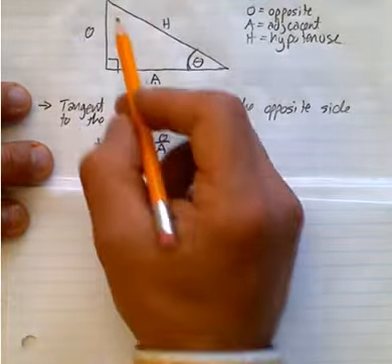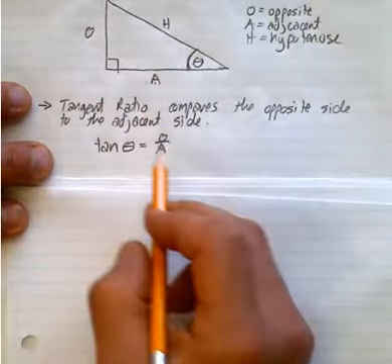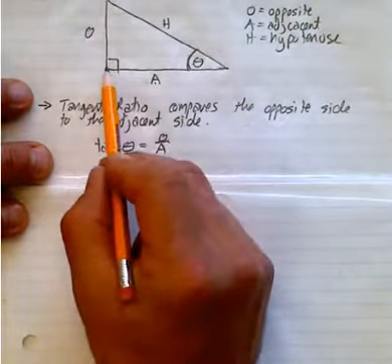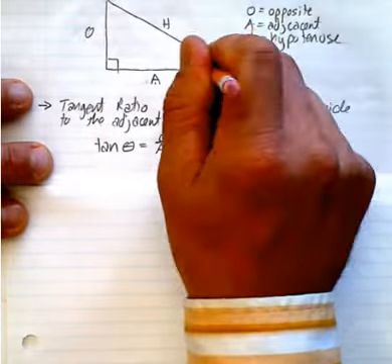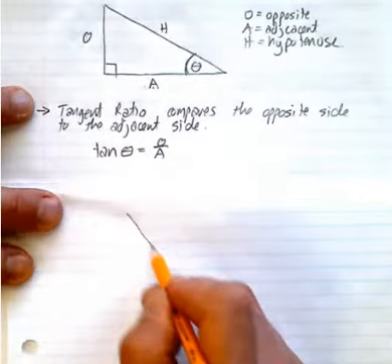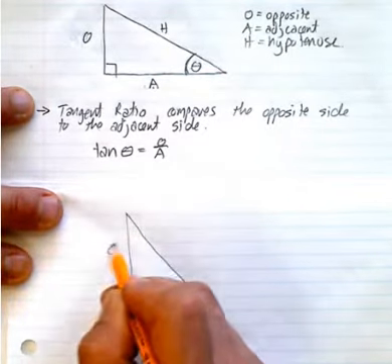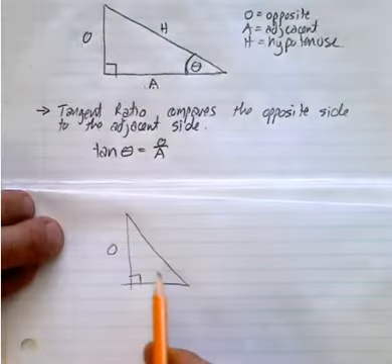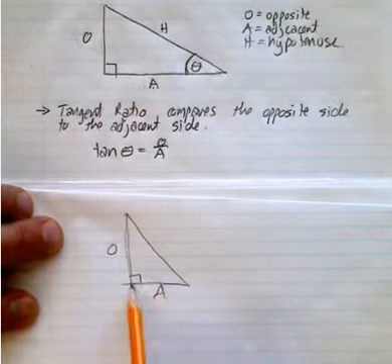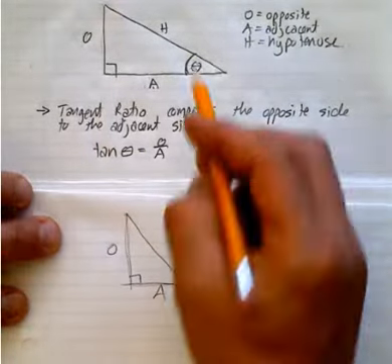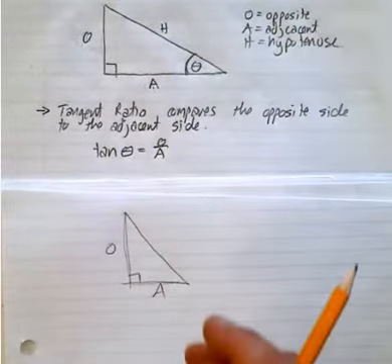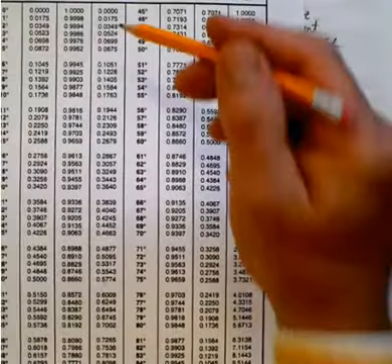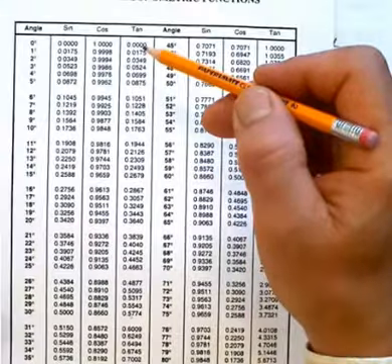The ratio of the opposite side to the adjacent side depends on what this angle is. If it's bigger, what happens to your O and your A? This side becomes longer, this side becomes shorter, so the larger your angle, the larger the tangent ratio. Let's look at our table. Look at the tan. Small angle, 0.